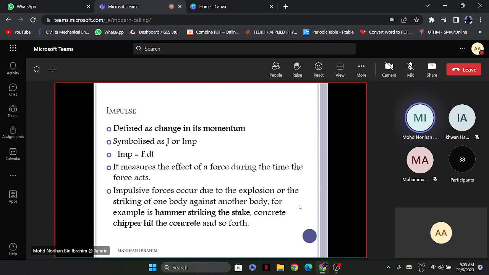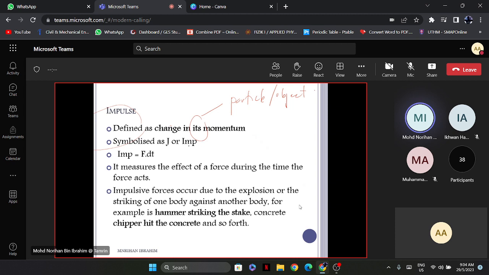Okay, the next is impulse. Earlier that was momentum, whose equation is P is equal to mv. Next is impulse. It can be defined as a change in the momentum of the particle or object.